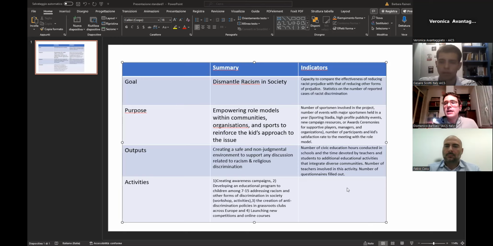So this is why it is now much more detailed than the other, maybe, because I have also done this research, and then starting from this, reaching the global goal: dismantle racism in society. How to see this particular goal: comparing the effectiveness of reducing the prejudice of racism in comparison to other forms of prejudice, and seeing this maybe through statistics on the number of cases, but also reports connected with that.